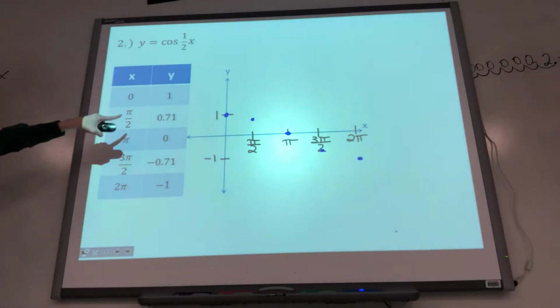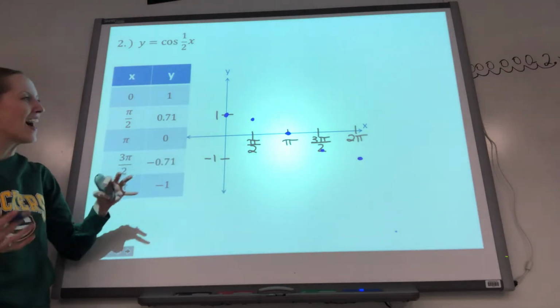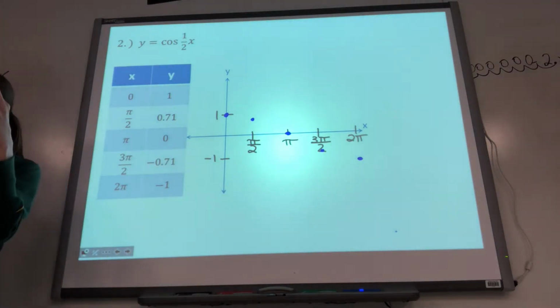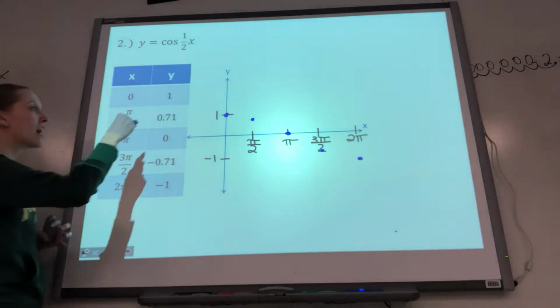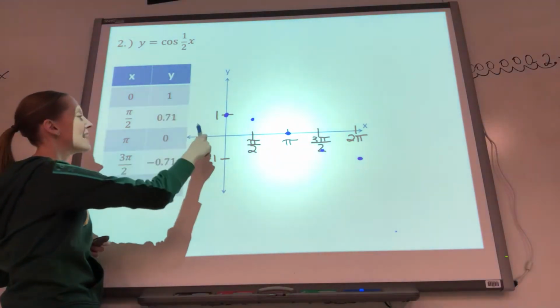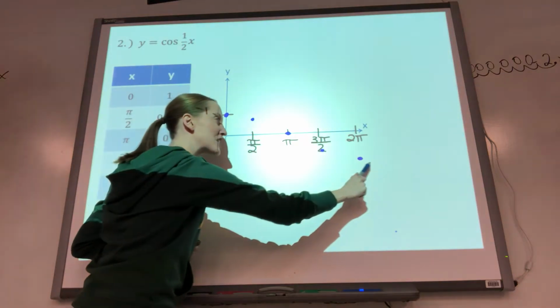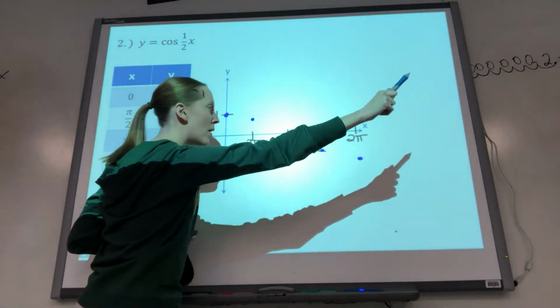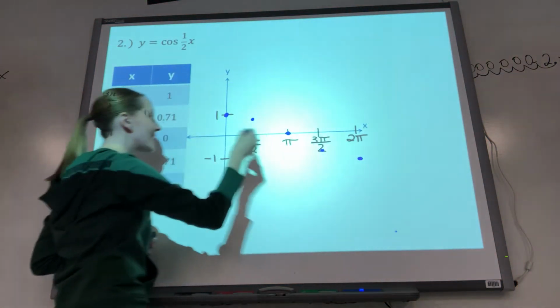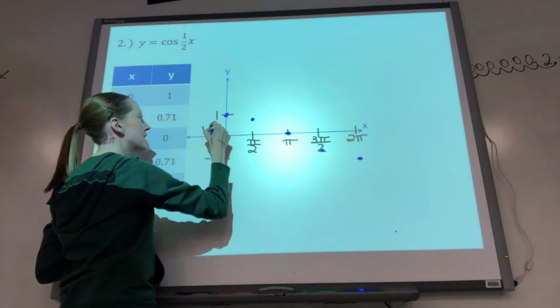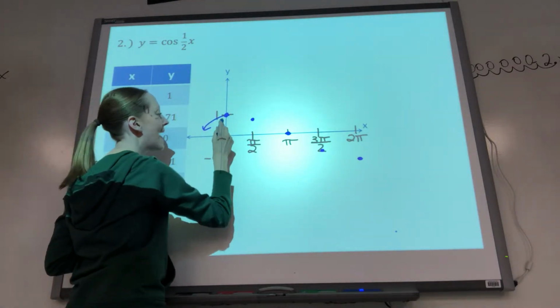The way these points are is not really giving me the full cosine curve. The parent function says that we should start up and then go down, but it should really show another part where it goes back up again. So I'm just going to connect what I have right now.